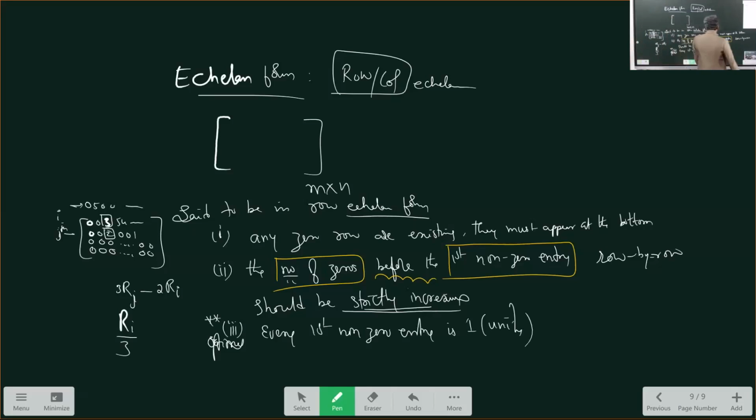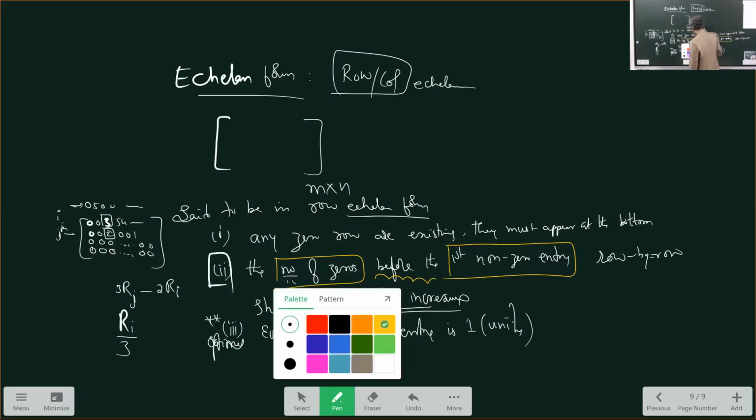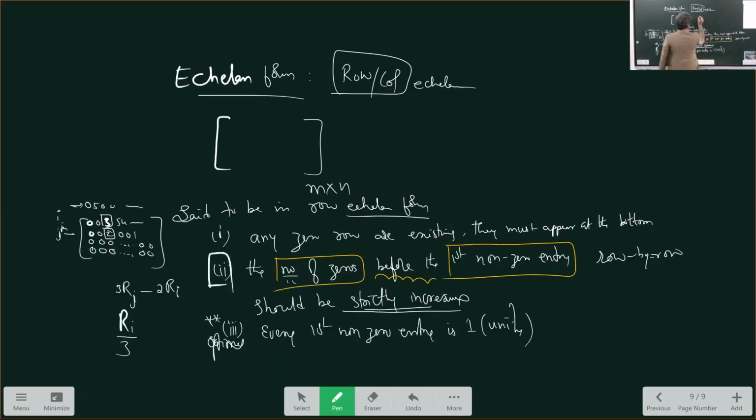Okay. I can make this a little clearer. So Z1, Z2, Z3 are the number of zeros before the first non-zero entry in R1, R2, R3 and so on and so forth.